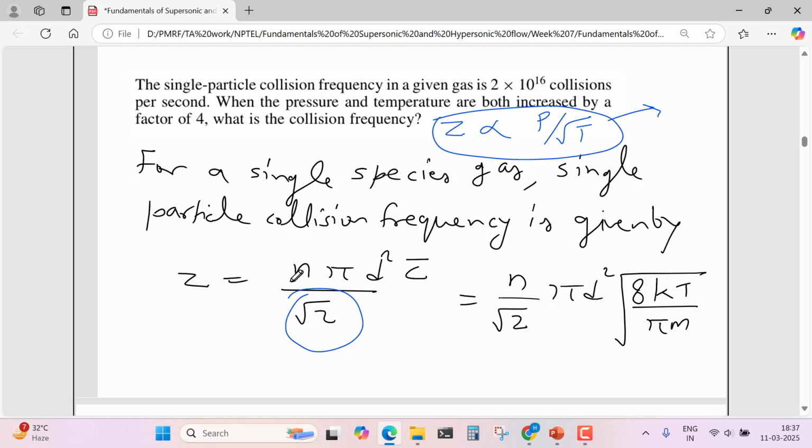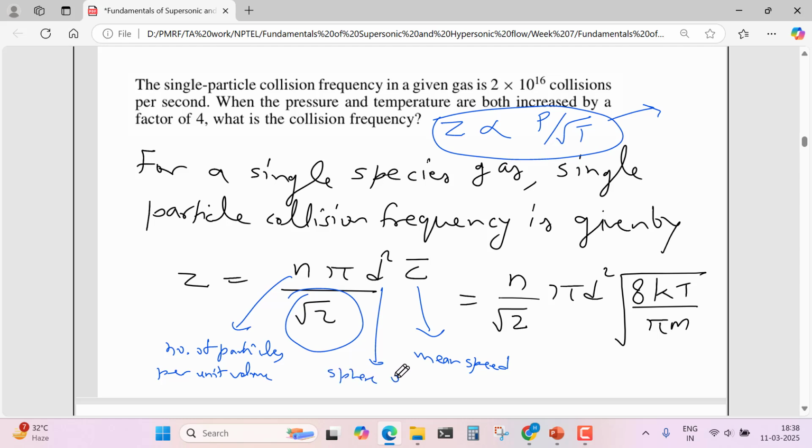In this formula, n is the number of particles per unit volume, and d is related to the sphere of influence of a particle, also called the radius of influence.